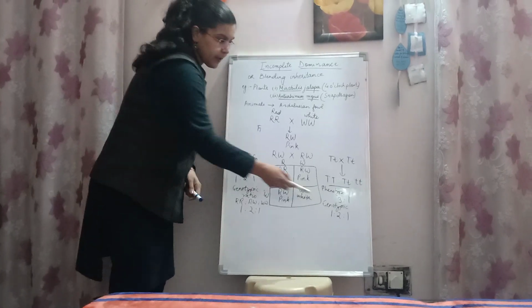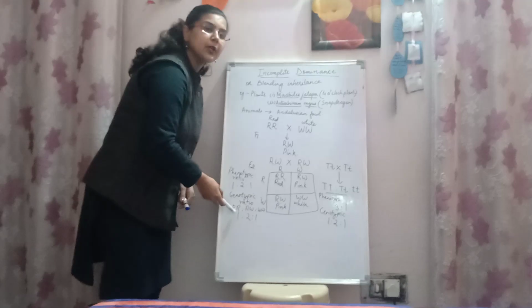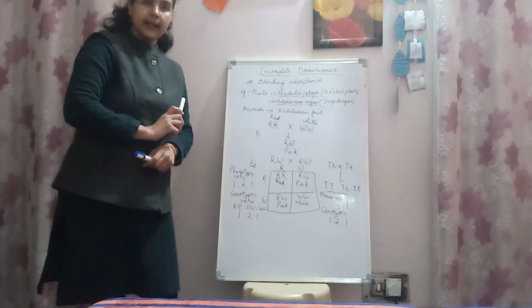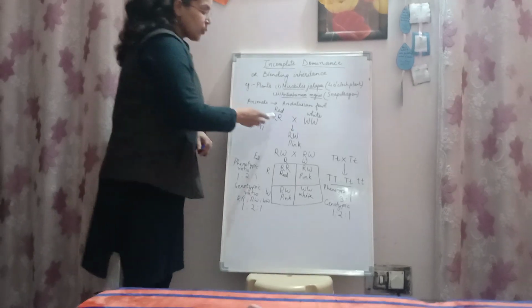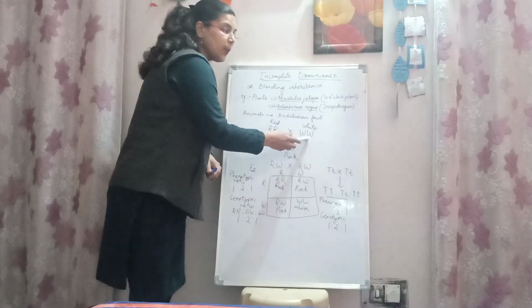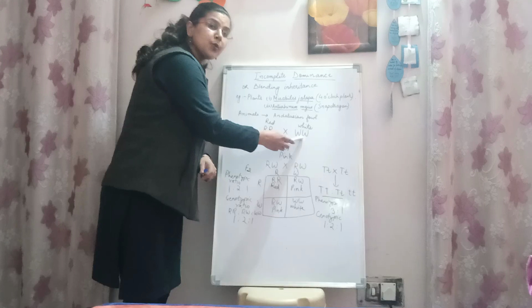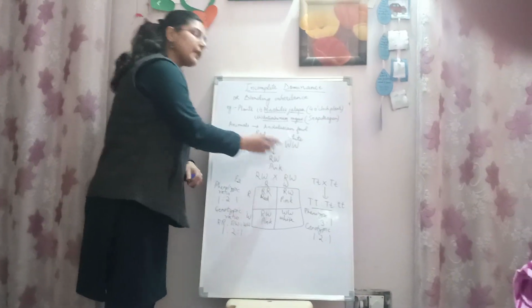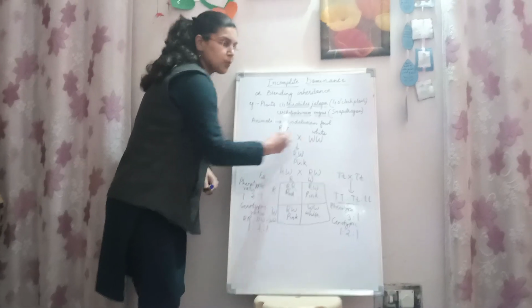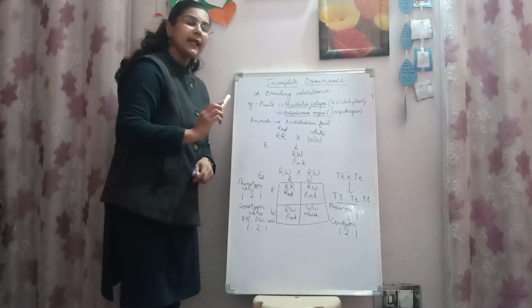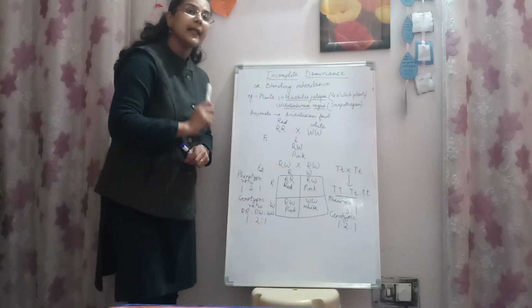Although the genotypic ratio in both Mendelism and incomplete dominance is the same. Second, there is no blending of the two alleles. R allele और W allele blend actually में नहीं हो रहा है. हम इसे blending inheritance जरूर कहते हैं because it seems that this is a blend of the two colors. However, if you see actually में दोनों alleles blend नहीं हो रहे हैं.